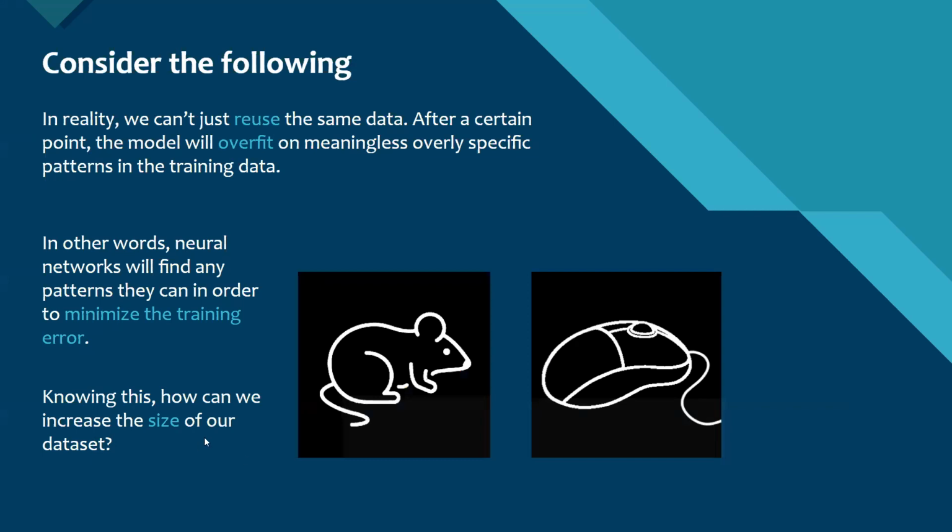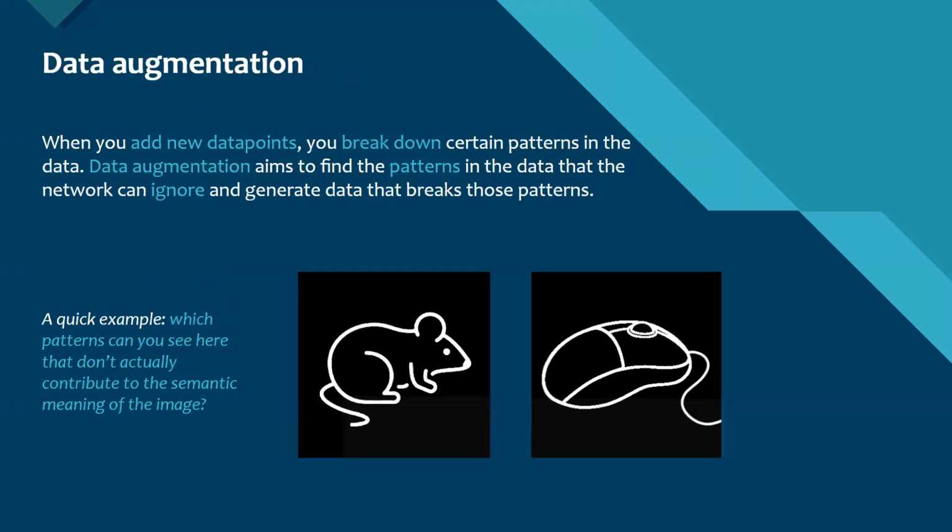Basically, this is what I was saying earlier: neural networks will find patterns to minimize loss in the training data. So if we expand our training data to be more comprehensive, we're in theory doing a better thing for our model's generalizability. What parts of this image don't actually contribute anything to the fact that this is a mouse?